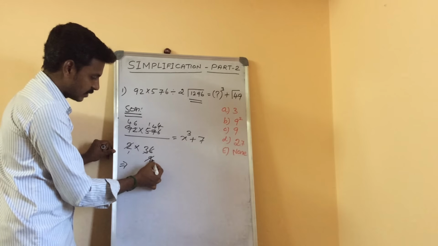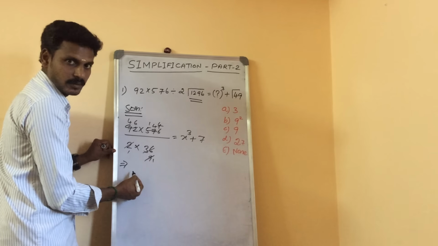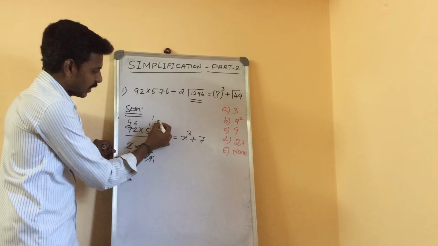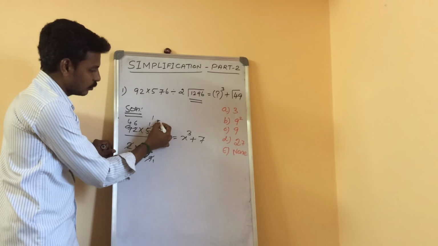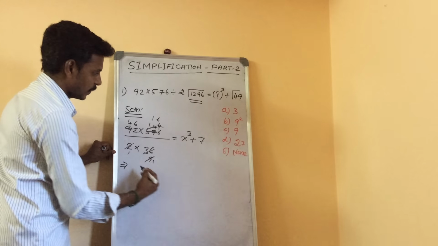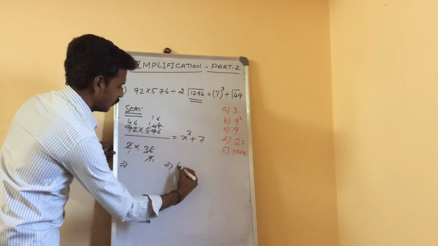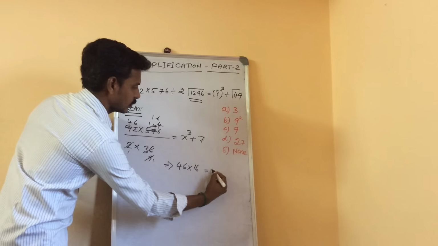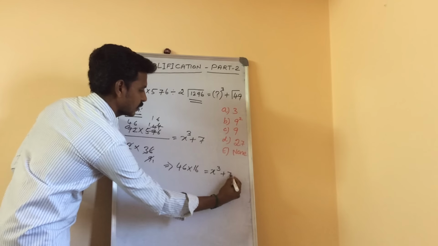You can directly cancel the value with 9. 1 9s are 9, 1 9s are 9, carry 5, 54. So what will be the answer? 6 9s are 54. So 46 into 60 equal to x cube plus 7.